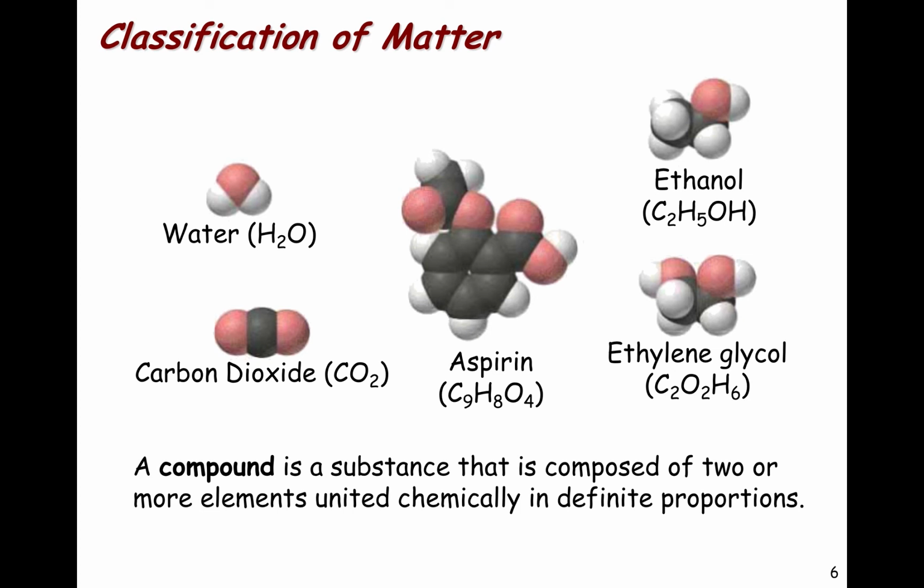Likewise, ethylene glycol, again a similar molecule, tends to have a much higher boiling point and is sometimes used as an antifreeze. And then finally we have aspirin. Aspirin has a distinct shape associated with it, and how that molecule and its shape interacts with biological molecules can dictate how it acts as a pain reliever.